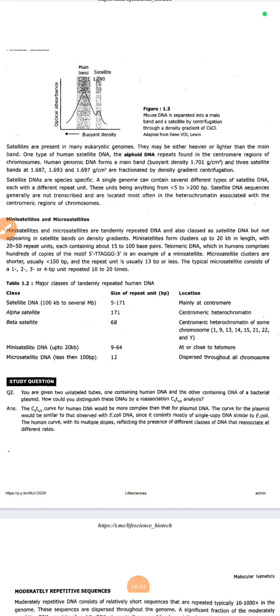So if an example of human satellite DNA is asked, it is alphoid DNA, whose repeats are found in the centromeric region of the chromosome.